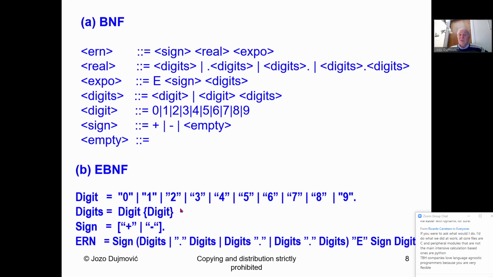So these are digits. And sign is plus or minus. Plus or minus are terminal symbols that represent themselves, to be quoted in eBNF. So exponential real number is written as sign, and then you have inside digits, or dot digits, digits dot, or digits dot digits, and after that the exponential part is sign followed by digits. And that is the second problem.